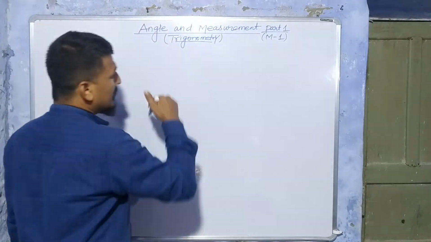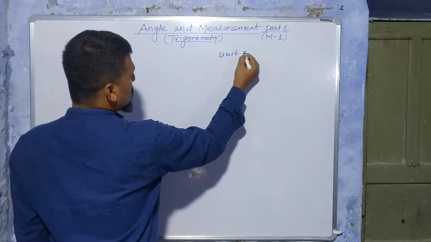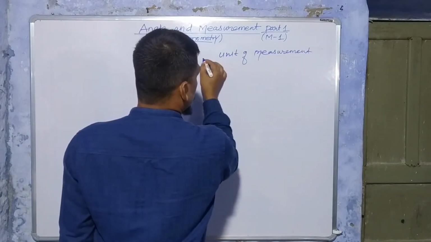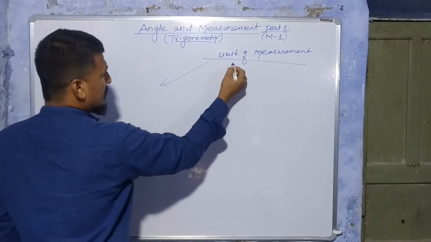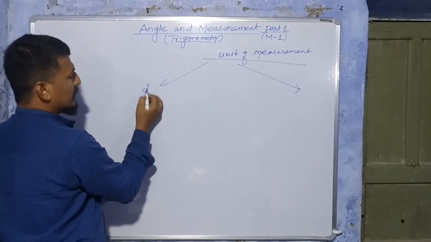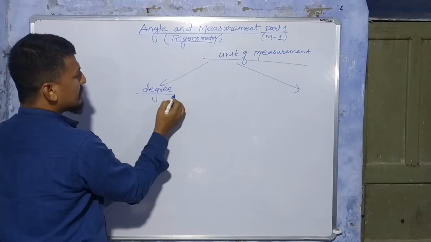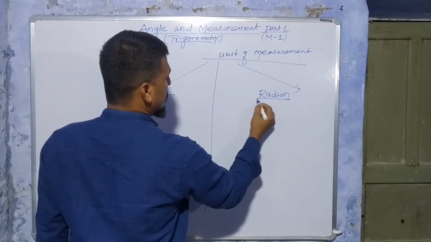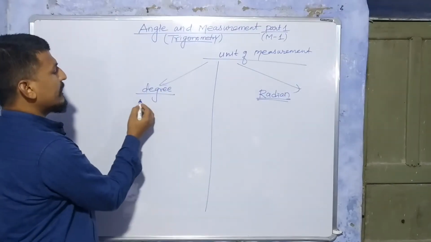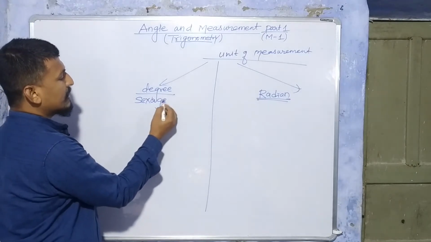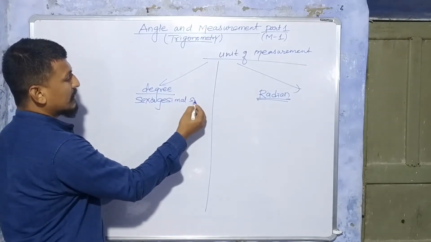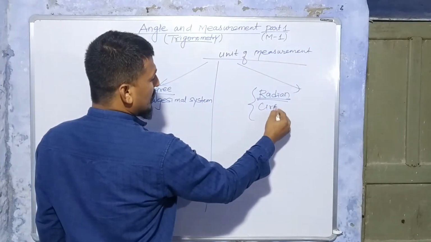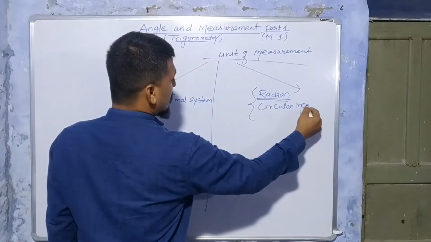So see here, for unit of measurement we have 2 systems. One system is degree, and the second is radian. Degree is known as the sexagesimal system, which is degree measurement, and radian is circular measurement, the circular system.